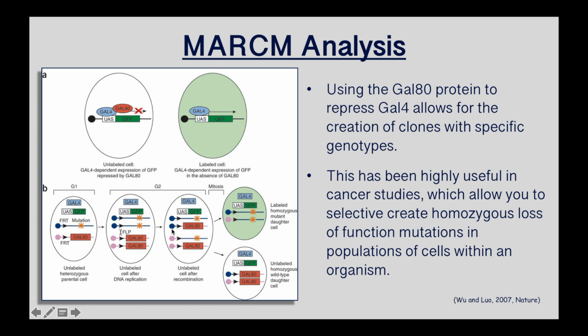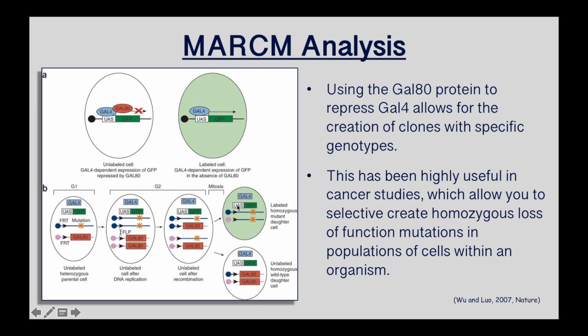If you'll notice, the recombination also creates two chromosomes, this one right here, which carries GAL80, and again, because of recombination, this chromosome right here, which also carries GAL80. Now you'll notice that in this cell, this daughter cell, GAL80 is completely removed, but GAL4 is still present, and that allows GAL4 to turn on. In this daughter cell, you now have two copies of GAL80, and so that GAL4 is shut down.